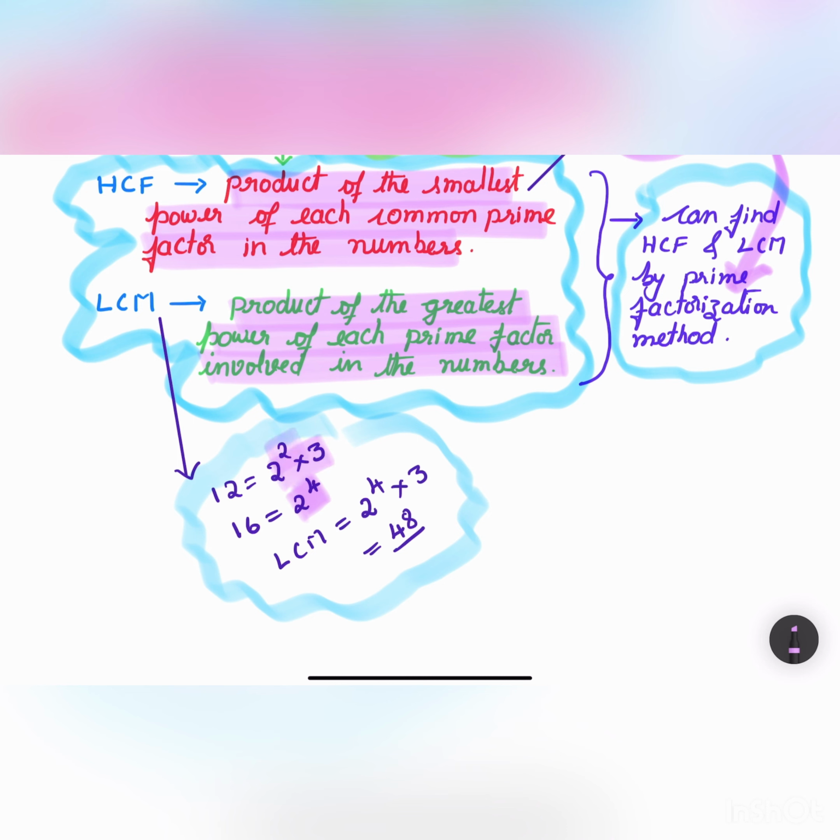Here the prime factors involved are 2 and 3. The greatest one is 2 power 4, out of 2 power 2 and 2 power 4. And then the other prime factor involved is 3. So if you multiply these two, we get 48. So that's the LCM of 12 and 16.